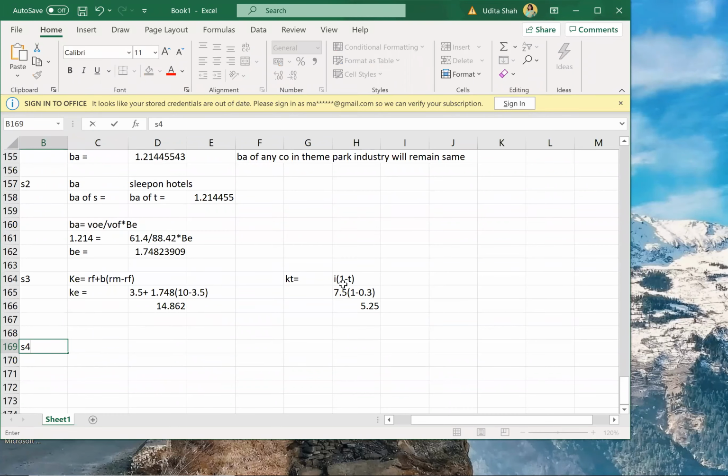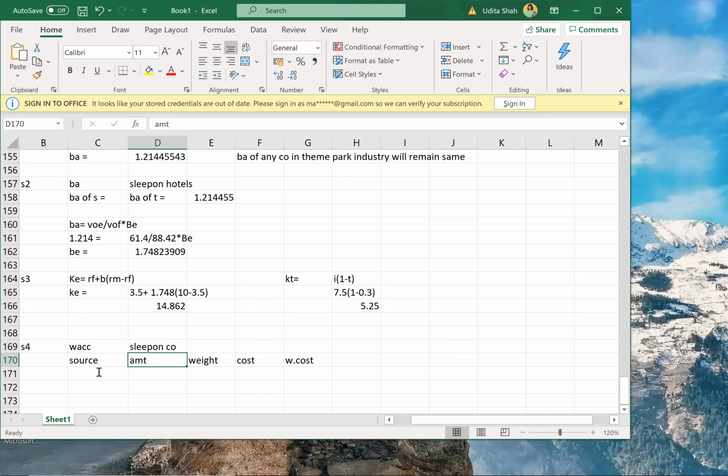And step 4 will be my WACC. Source, amount, weight, cost, and weighted cost. So whose WACC are we finding? We are finding Sleepon company's WACC.